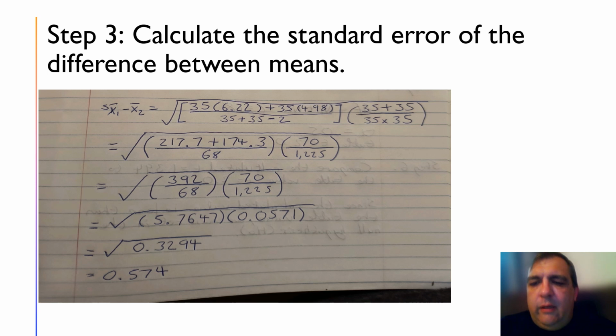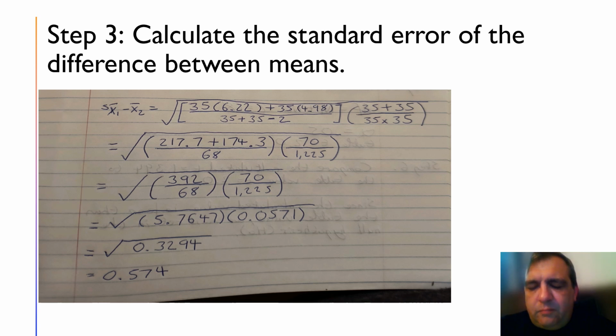And so we've plugged in 35 for group 1 plus 35 from group 2 over 35 for group 1 multiplied by 35 for group 2. So we're just using two sets of values in multiple places until we've fulfilled all the requirements for the equation.